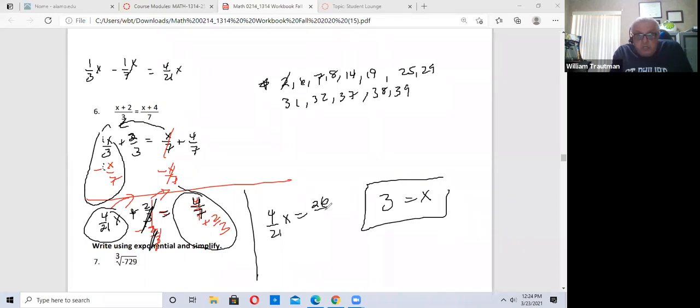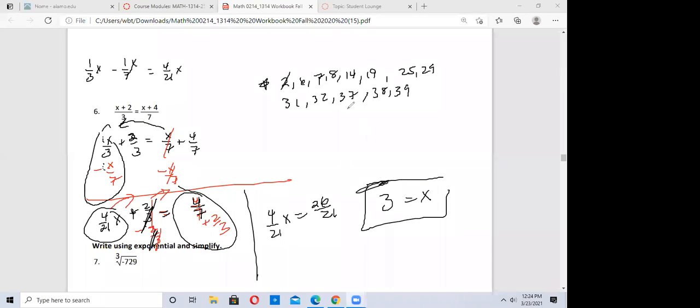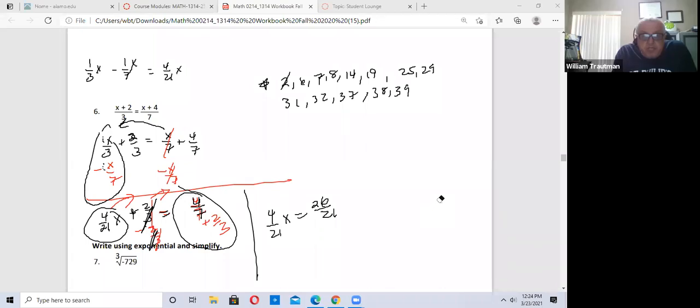26 over 21. All right, so the last step, let me erase this. This was the last answer. I thought it was supposed to be negative 2/3. Yes, it is. Thank you. I put a negative here and I forgot to put it there because I can't see my own writing.